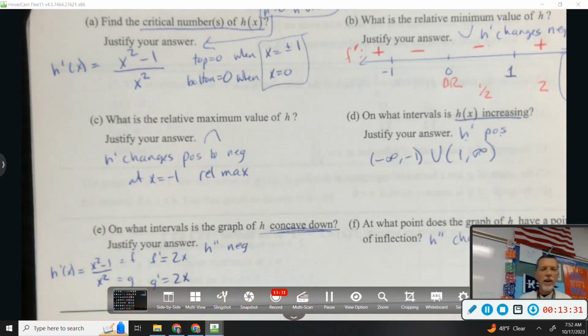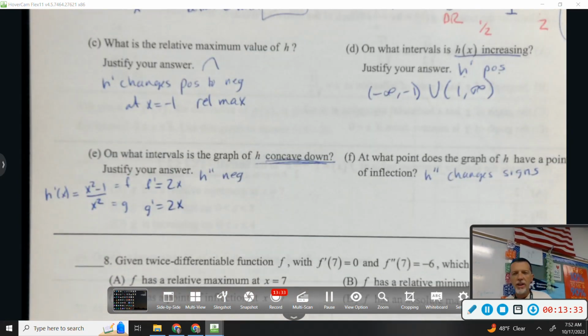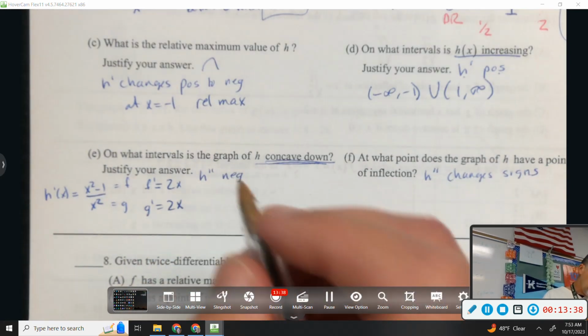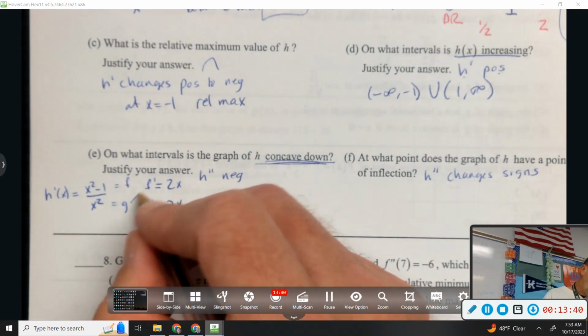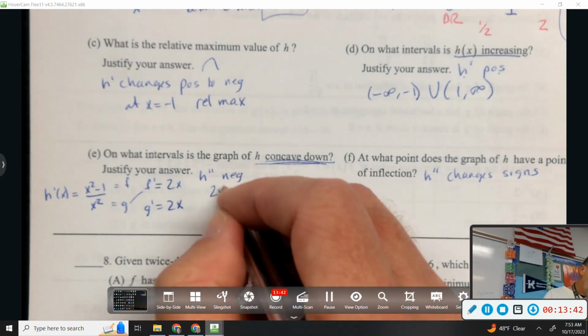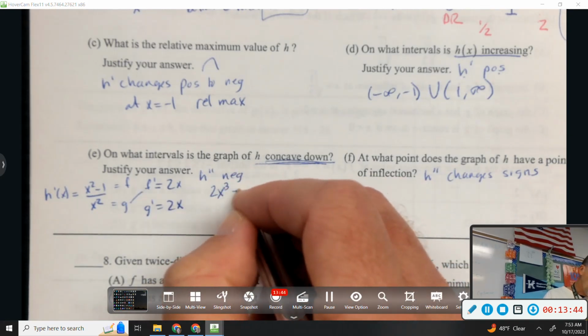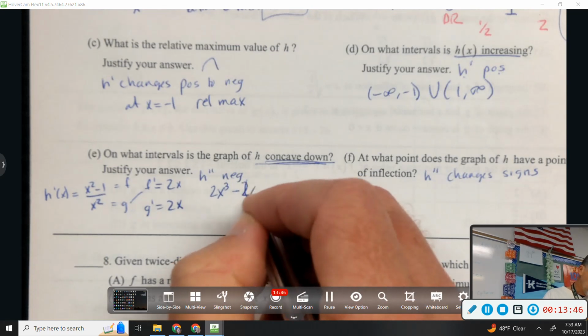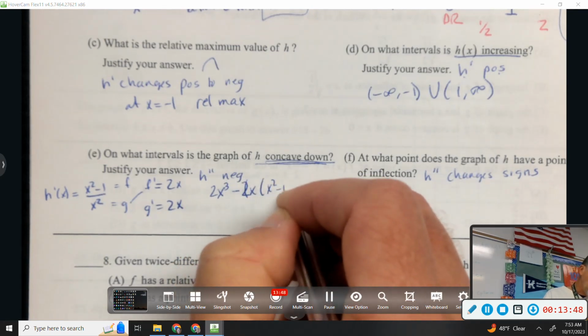The derivative of the top is 2x, the derivative of the bottom is 2x. So g prime is 2x cubed minus 2x times x squared minus 1.